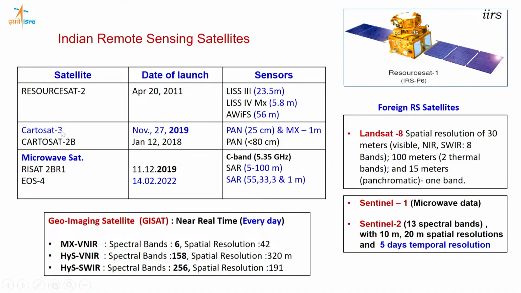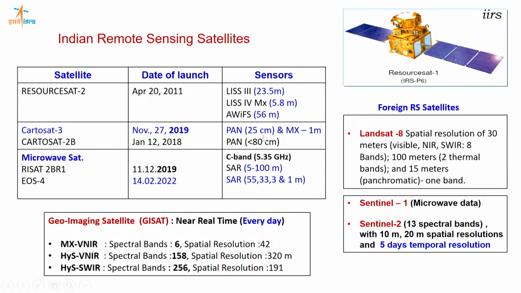Now Cartosat-3 remote sensing satellite data, which is the most recent, launched in 2019, has color multispectral, MX, meaning multispectral at 1 meter, and panchromatic black and white. Its spatial resolution is 25 centimeter. For a 25 centimeter by 25 centimeter object on the earth surface, we are getting the reflectance.